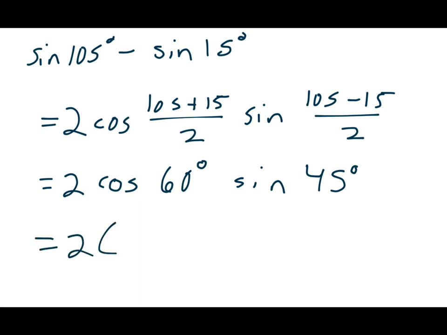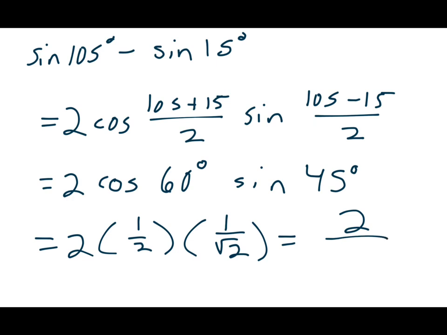Cosine of 60 degrees is 1/2. Sine of 45 degrees is 1 over the square root of 2. So we have 2 over 2 square roots of 2, or just 1 over the square root of 2. And that's it.